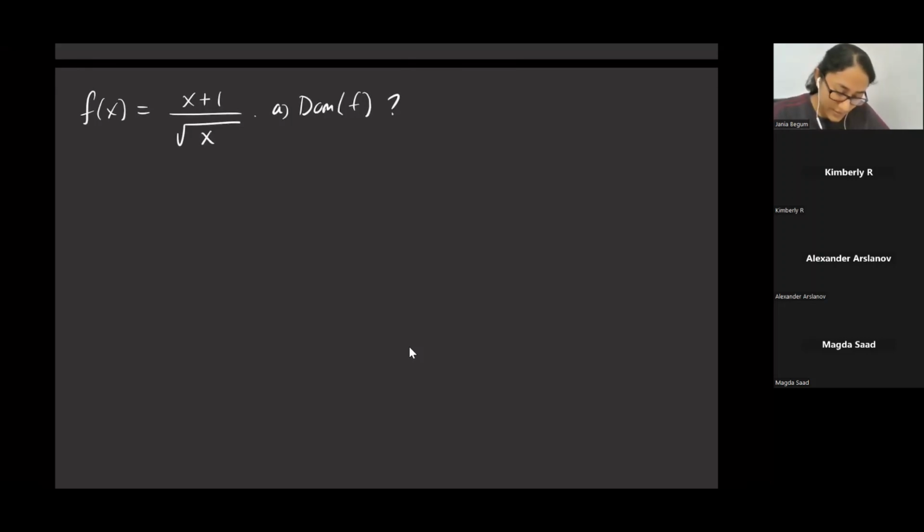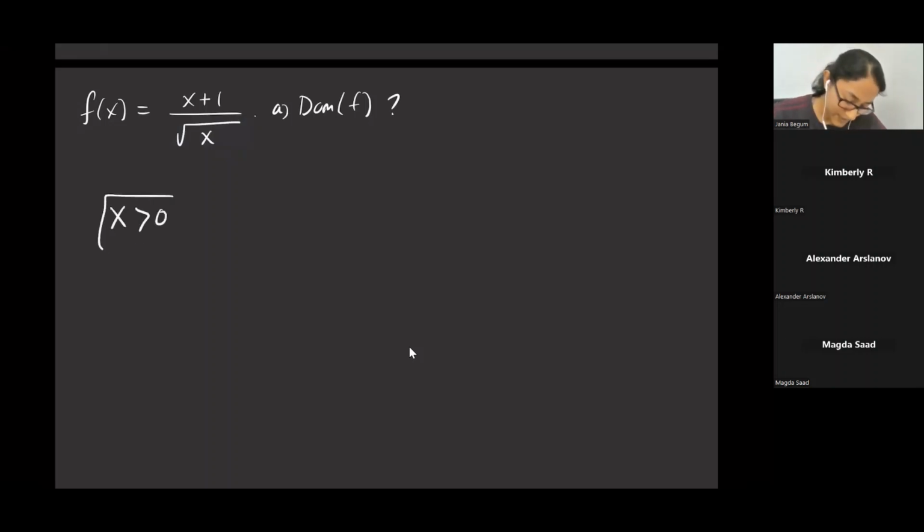Okay. So for domain, we have to make sure that the denominator is never 0. Because we have a square root in the denominator, we have to make sure it's not 0 and also that it's positive. So the quantity inside the radical must always be greater than 0.